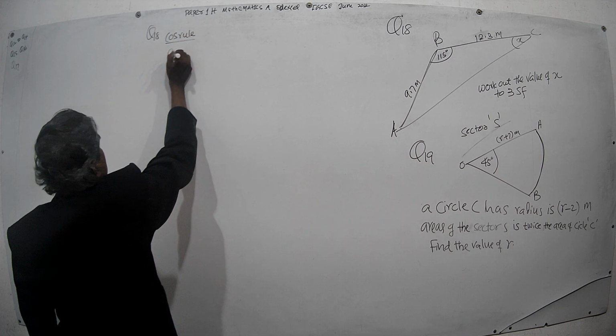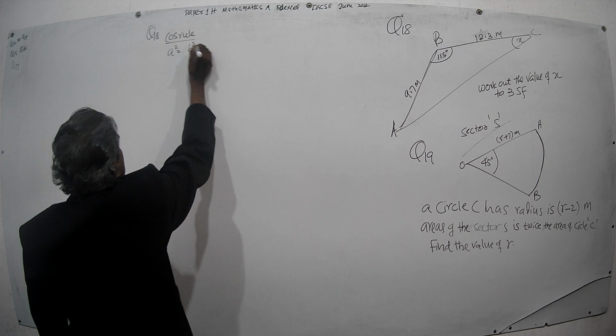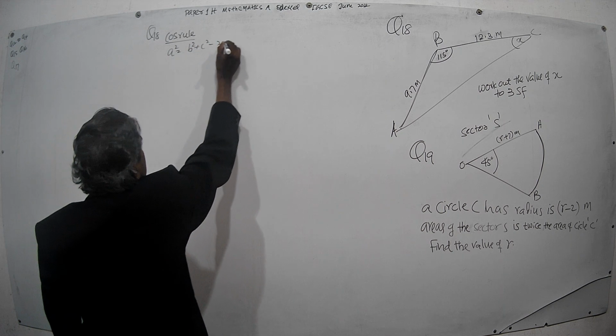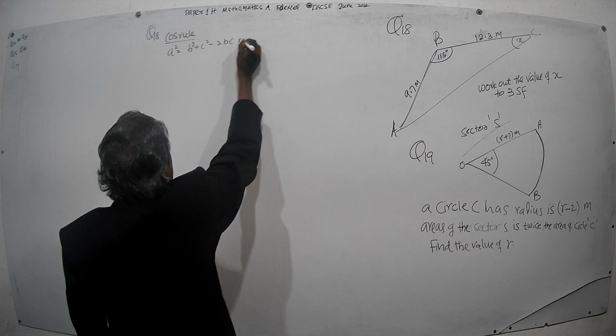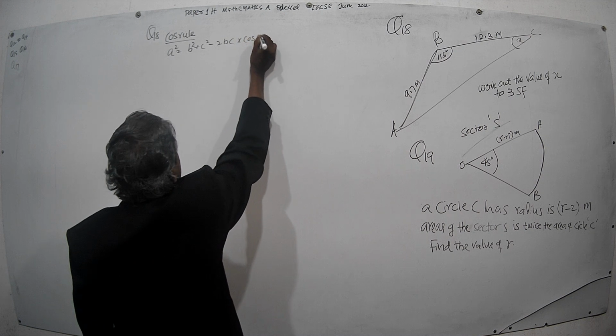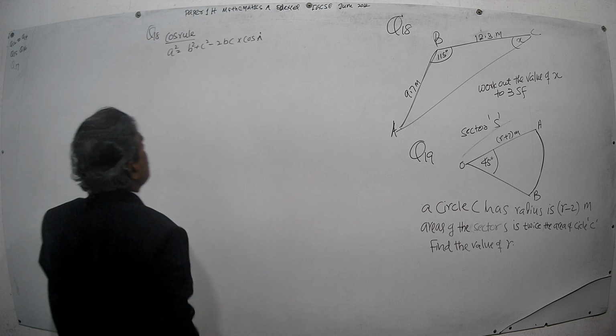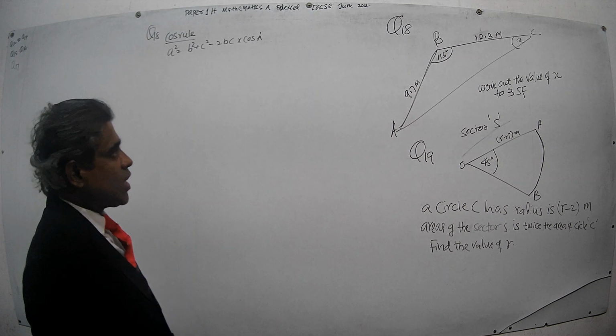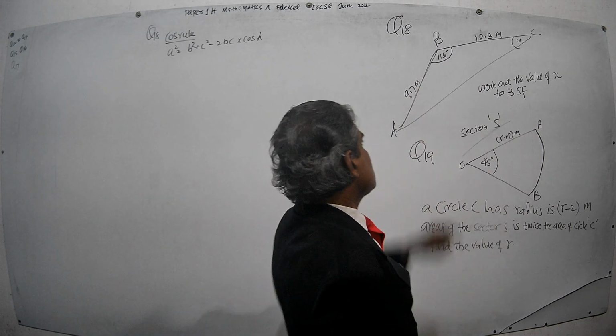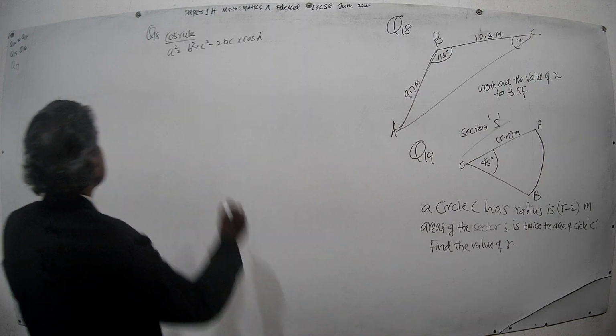What is that? a squared equals b squared plus c squared minus 2bc cos A. A is the angle opposite this side, and these are the other two sides. We want to find AC, so we start from AC squared.